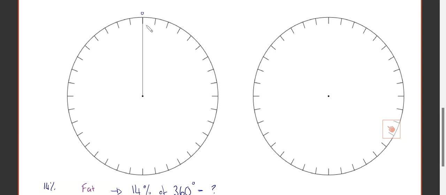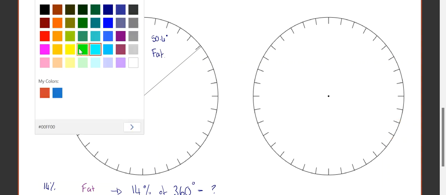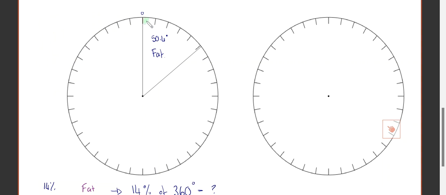Make sure you then, we should get it about right because 50.4 is 10, 20, 30, 40, 50. So it's going to be approximately just after that, isn't it? So I think if you measure that, our 50.4 degrees should represent the proportion of fat. What do you think?